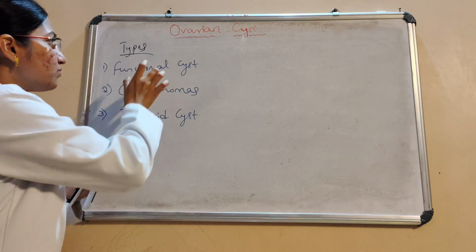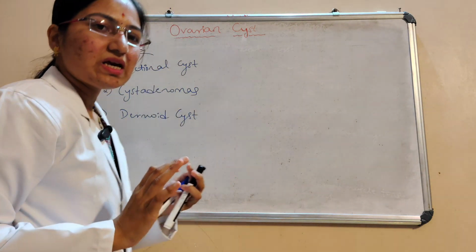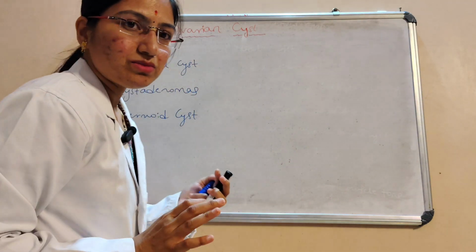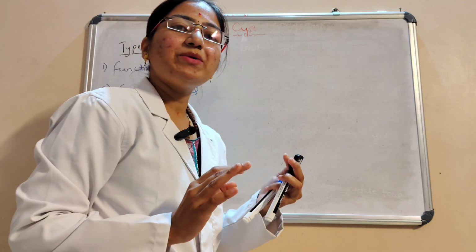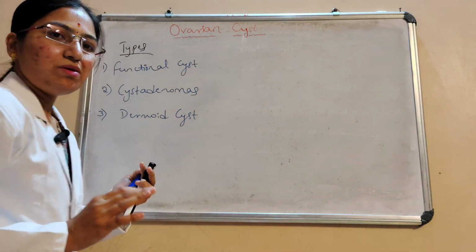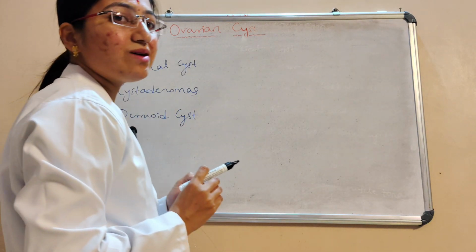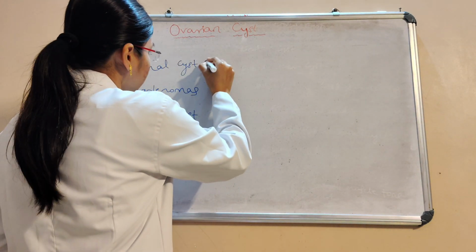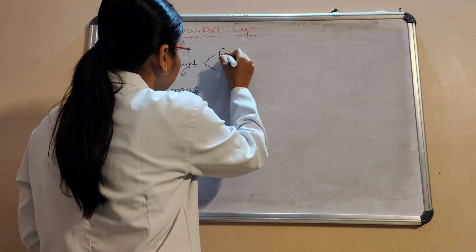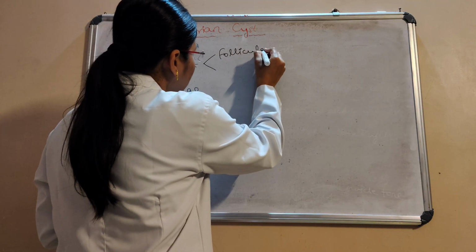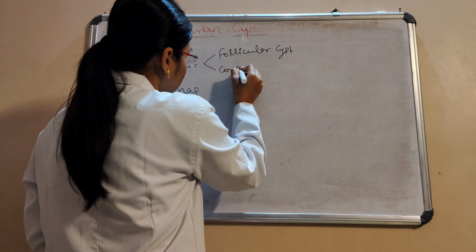That is called functional cyst. Functional cysts are harmless, but sometimes may cause pain, and it is going to disappear after 2 to 3 menstrual cycles. In functional cyst, we have subtypes. One is a follicular cyst, and another one is a corpus luteum cyst.